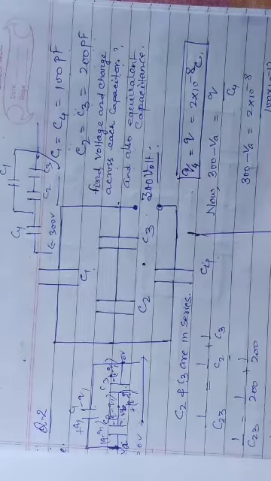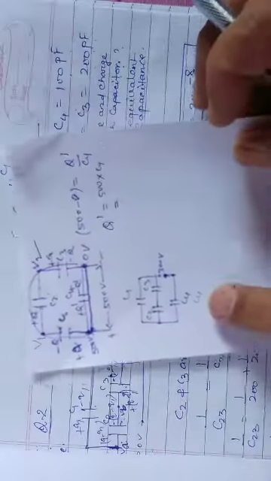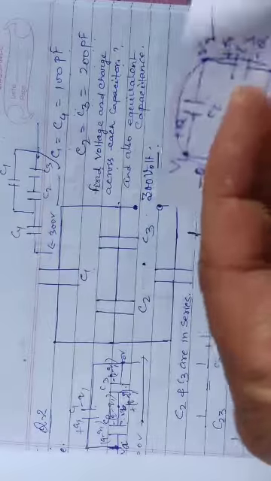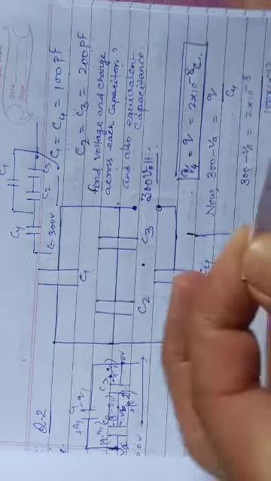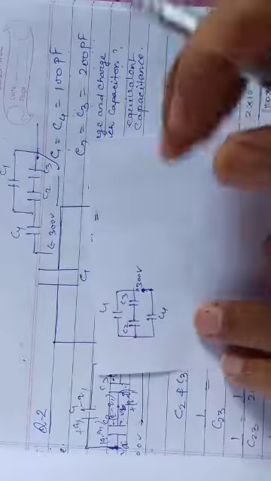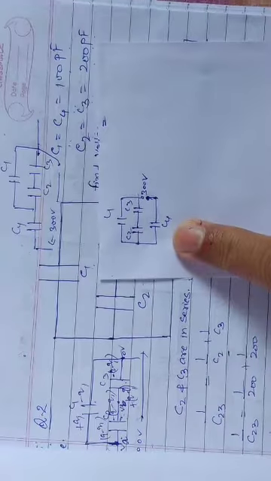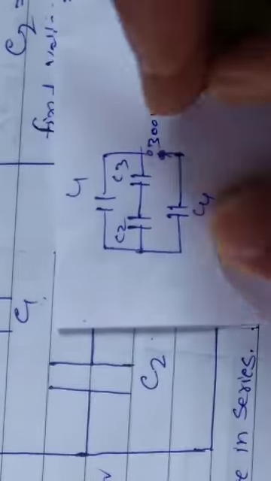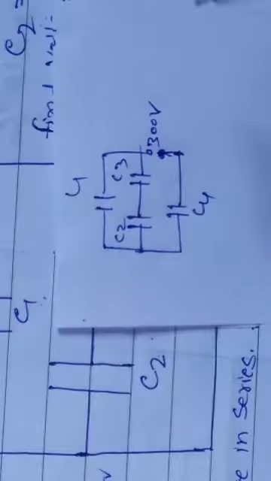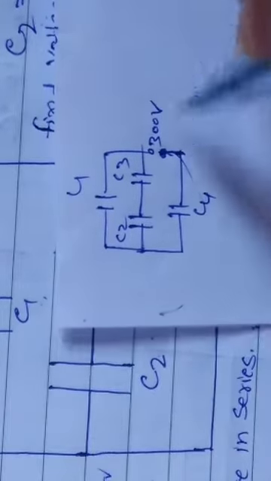So let us see how to find the equivalent capacitance first. This is the diagram. It can be redrawn just by stretching like this and bringing this one to this side.